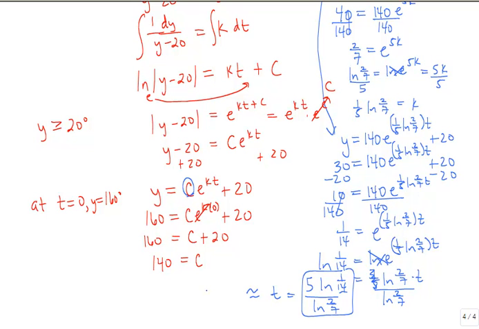So this time was about 10.53 minutes, taking off that initial 5 minutes. So it's going to take another additional 5.5 minutes to get to 30 degrees.